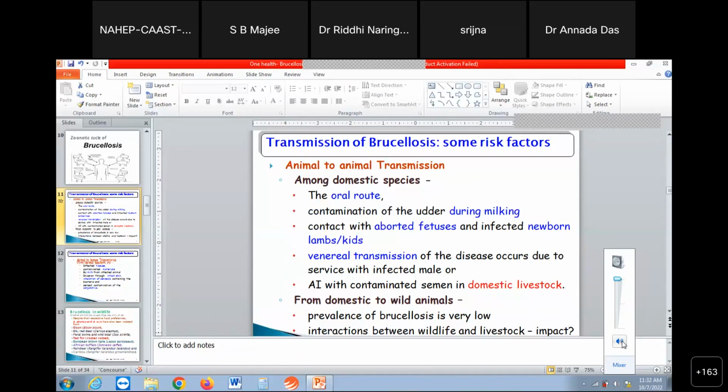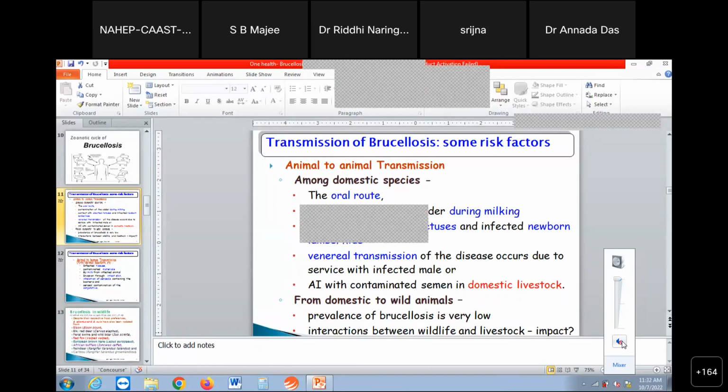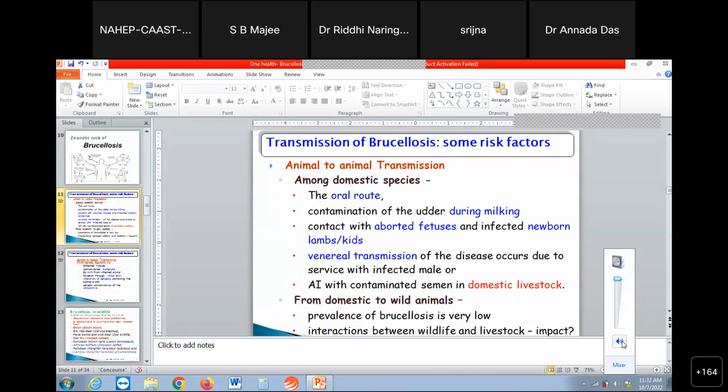There is also venereal transmission of the disease among the populations, that is between sheep and goat and to the dam, and also between the bulls, and also between the pigs, within the sire, within the boar and the sow, and between the dogs, that is from the male dog to the bitch. So these are the venereal transmissions which occur in these 3 niches.